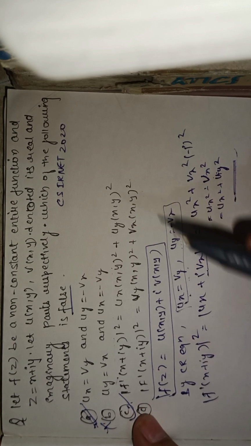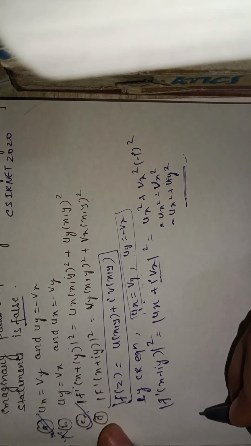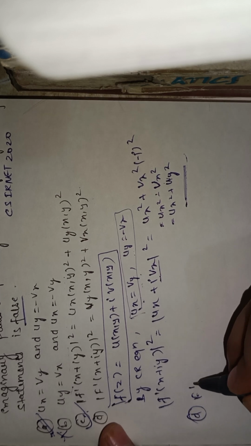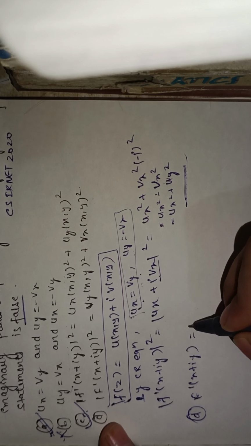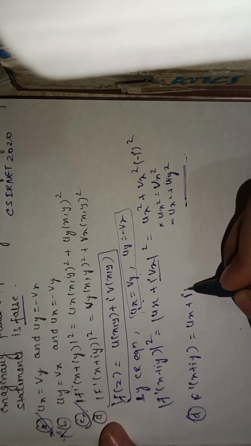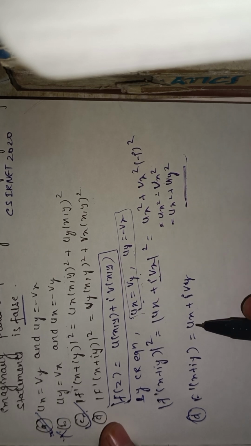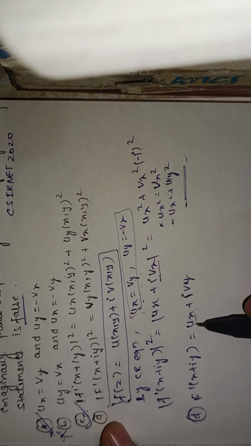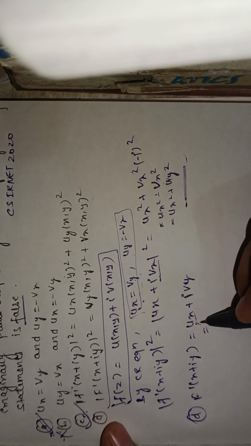Similarly, this option is also right. For the fourth option, f'(x+iy) is equal to ux + i vy, right? Here we have to convert ux in place of this, as ux is equal to vy. This is an entire function, so ux is equal to vy.